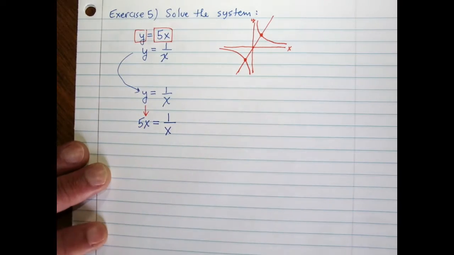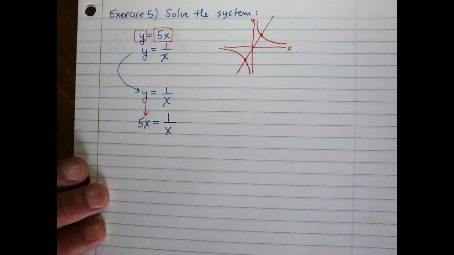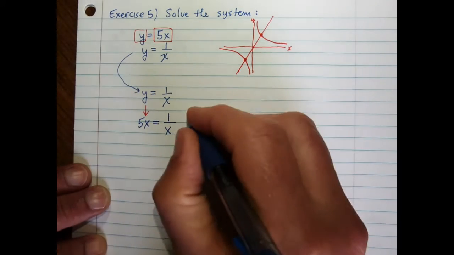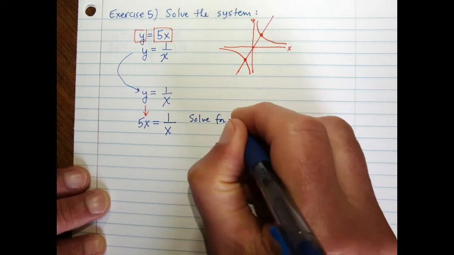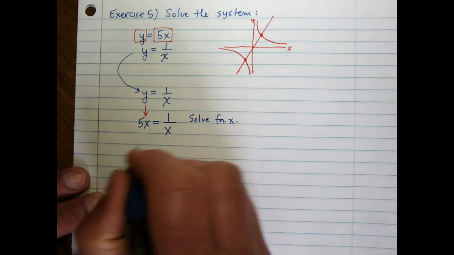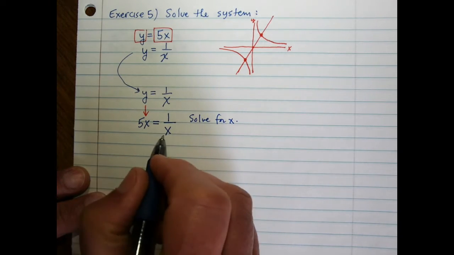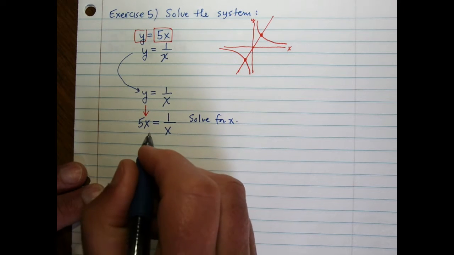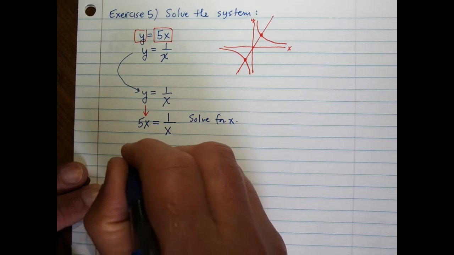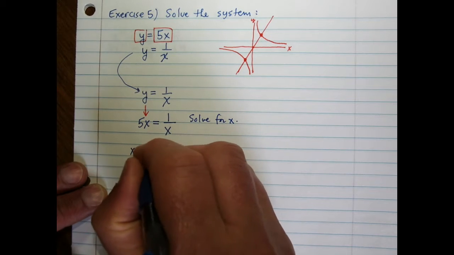So I get 5x equals 1 over x, and I've got to solve for x now. To solve for x, I want to clear denominators from this equation. So I'm going to multiply both sides by x.